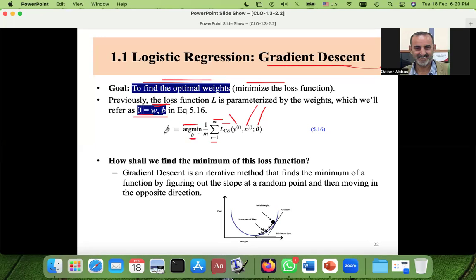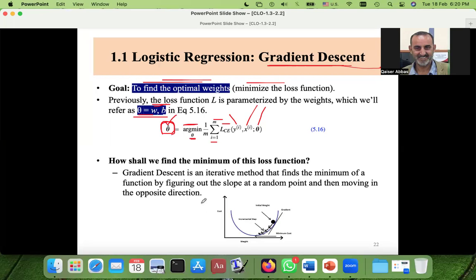When you get that minimum, it will be given to you by your model, and we call it theta cap. Theta cap is the value that will be calculated by our model.